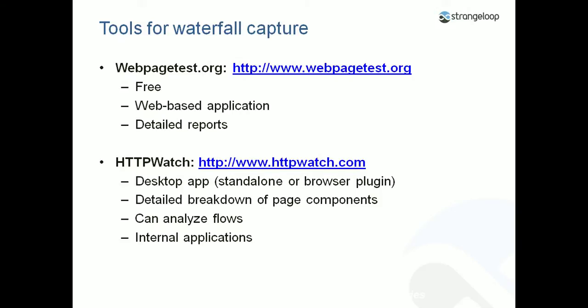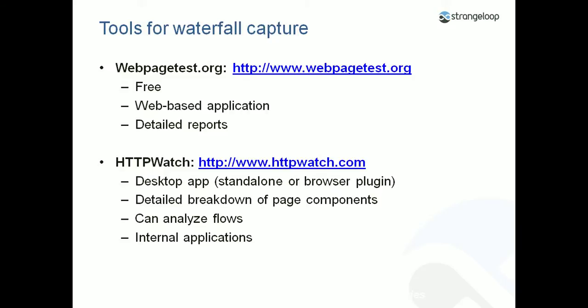Now, there's a number of tools available, a number of different ways for us to get waterfalls and analyze them. The two that I personally like the most are outlined on this slide. webpagetest.org is a free online tool that can be used for spot checking and testing different pages. It is a very good tool.